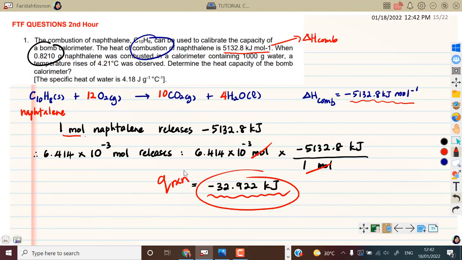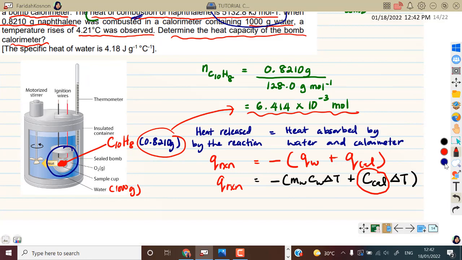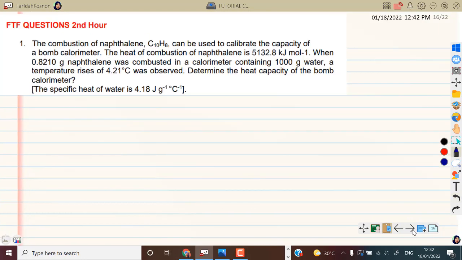Alright, so how are we going to continue the calculation? Earlier we used this relationship. You write this down first, it is very important. This concept must be written. Then we continue the calculation. You put into the formula Q reaction equals negative sum of heat absorbed by water plus heat absorbed by the calorimeter.